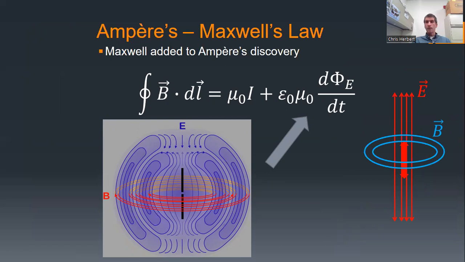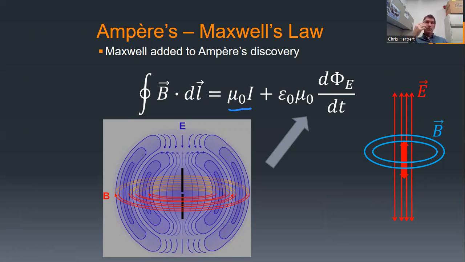Let me move this to the top. Maxwell looked at Ampere's law and made a modification here. He said, okay, I understand the term right here, which is basically the electromagnet. We have a current flowing through a wire, and we're going to get a magnetic field that wraps around that flowing current.